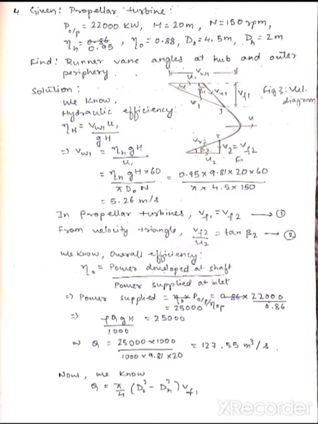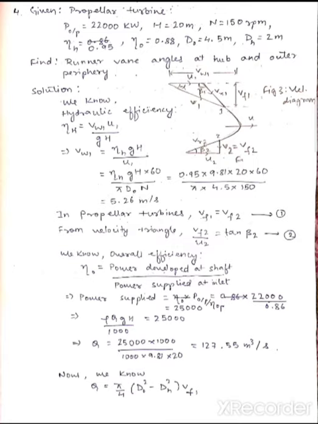Here beta 2 is the runner vane angle at the outlet. So in the question we have been asked to find out this beta 1 and beta 2. To find out beta 1 and beta 2 from these triangles, we will have to find out the velocity components.